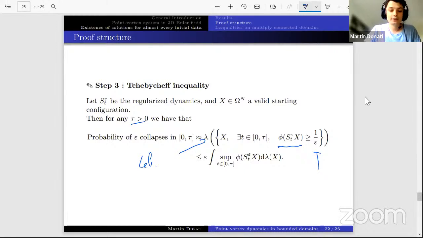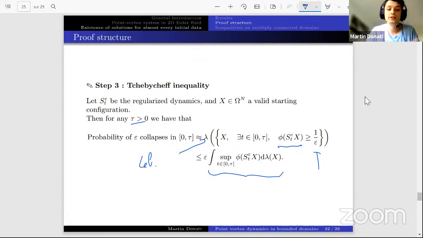And now we use the Chebyshev inequality, and this is controlled by epsilon times the mean energy, this integral of the supremum of the energy phi of the dynamic. Okay, so now the problem is considerably reduced because what we have to do is to prove that this term is bounded.